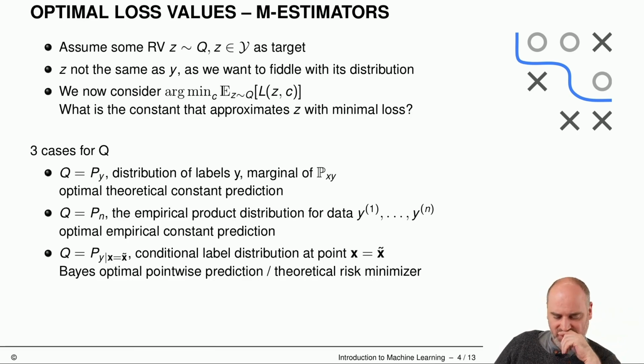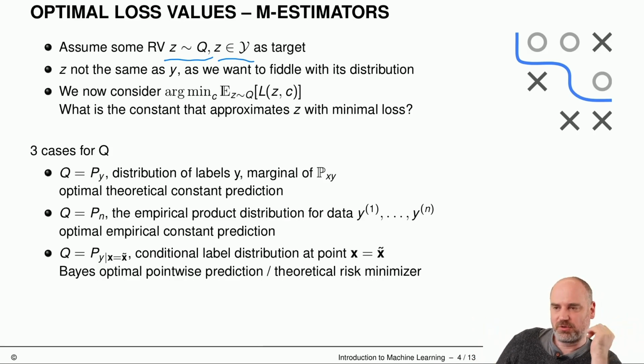So let's take a breath. Let's consider this loss minimization problem from a mathematical perspective for a few minutes. I want to slightly change things now, not a lot. I'm just going to assume that there's some random variable, which I'm going to call z here, from my label space.